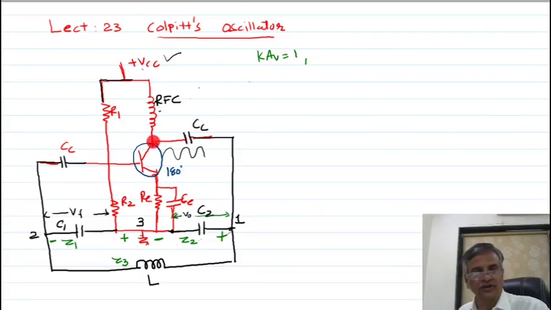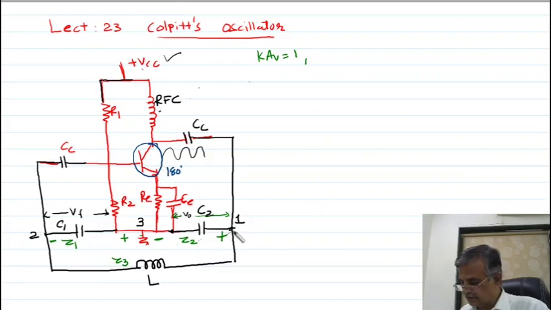The coupling capacitor blocks the DC and allows only AC to the tank circuit. As the power supply is switched on, some transient current is produced. As a result, voltage is developed across C2 and C1, and this common emitter produces a 180 degree phase shift.